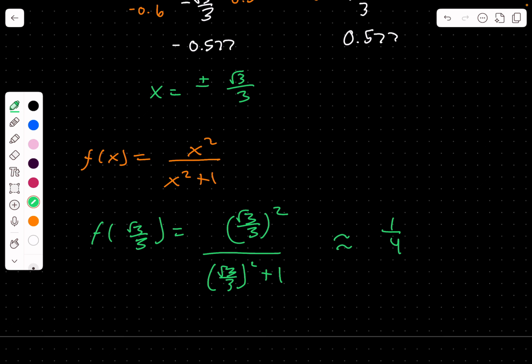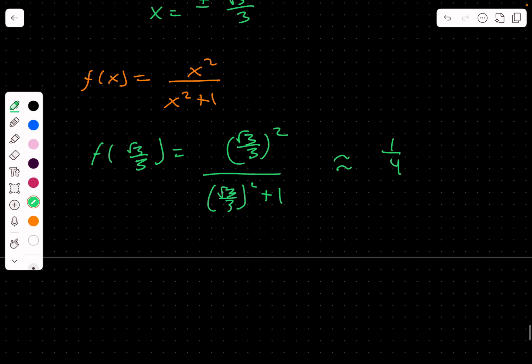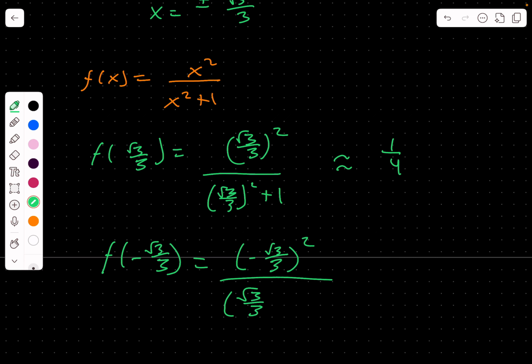Again, if you plug it into the calculator, it'll spit it out. And again, I'll just write it for the sake of writing it. Negative square root of 3 over 3. Plug it into the calculator, and it's going to give you the same number, the exact same thing, 1 over 4.